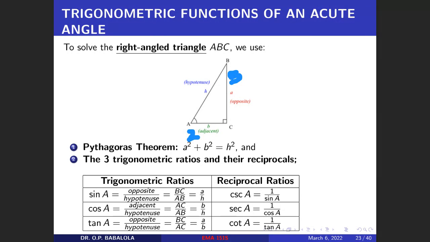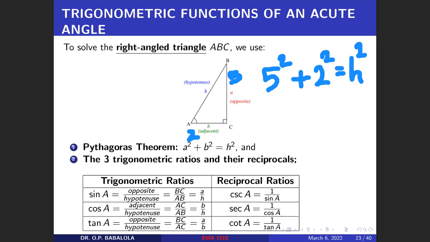All that we do is we substitute: A is 5, so 5 square, and then B is AC, which is 2, plus 2 square, using Pythagoras theorem, which will be equal to H square, which is the side we don't know the value of.